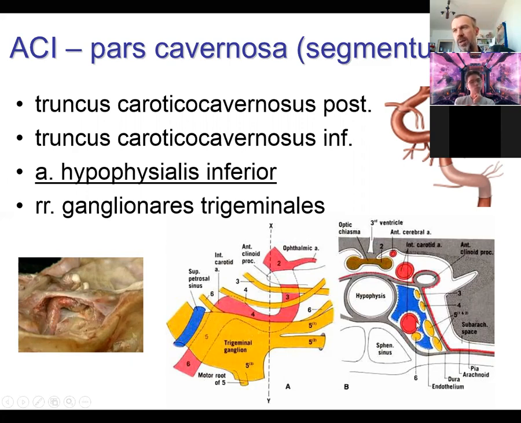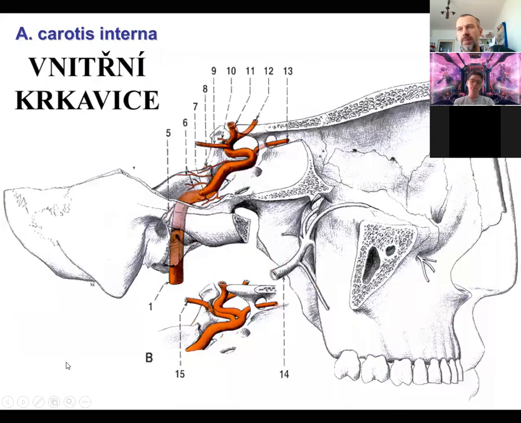And in the frontal view, you can see that the carotid artery is medial, and it's close to the abducent nerve. All the other nerves, so the oculomotor, trochlear, ophthalmic and maxillary, are in the lateral wall. The abducent nerve is medially close to the artery. That's important for clinics.